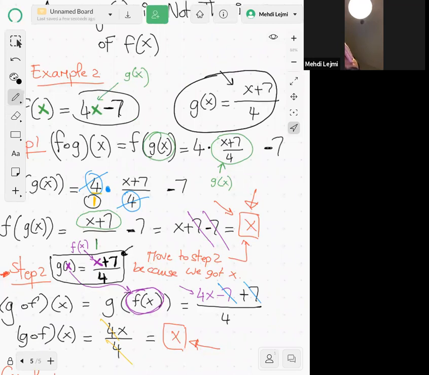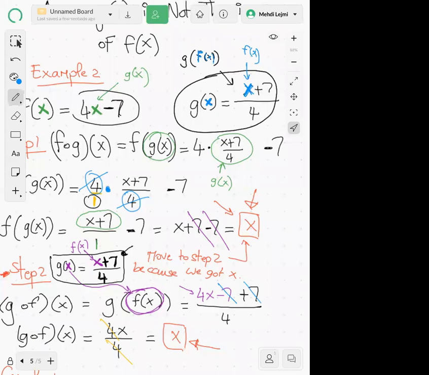And what I want to do in the second step is compute g not of x, but g of f of x. Which means I have to replace this x with f of x. So there's an x in here, and this x now becomes f of x. That's what I did in the second step.